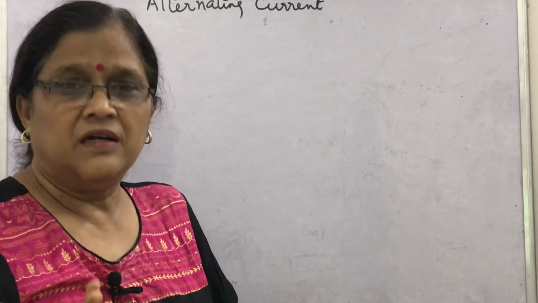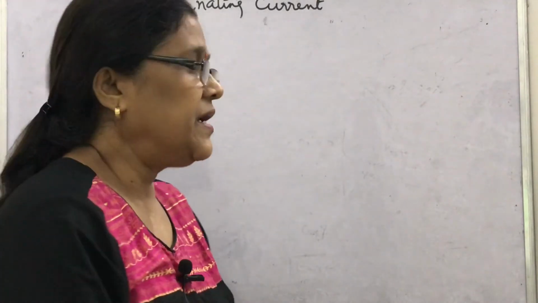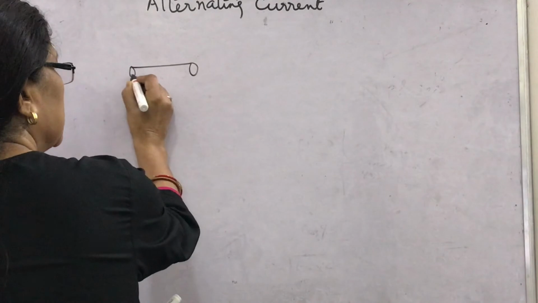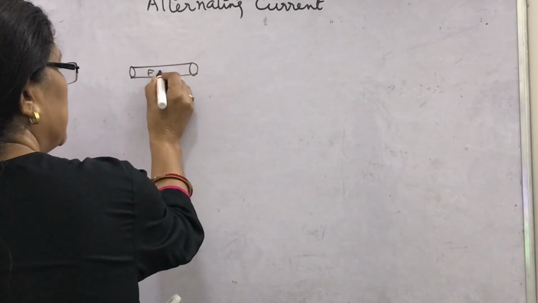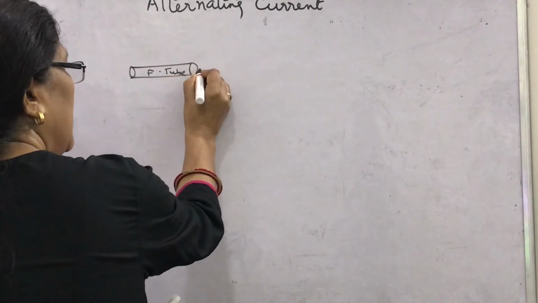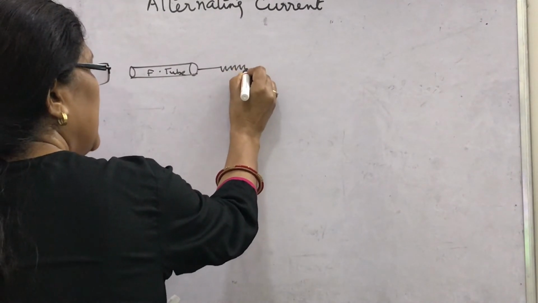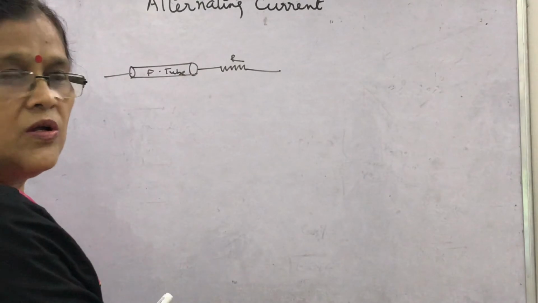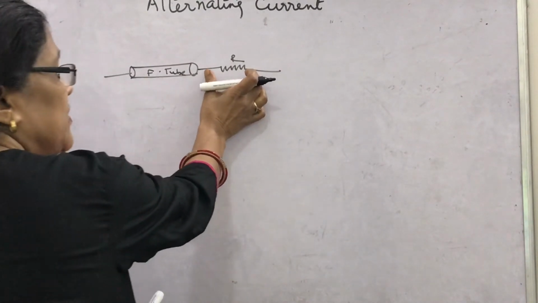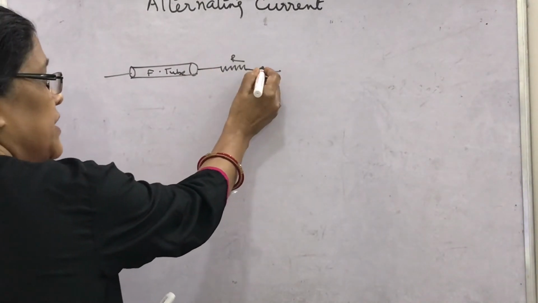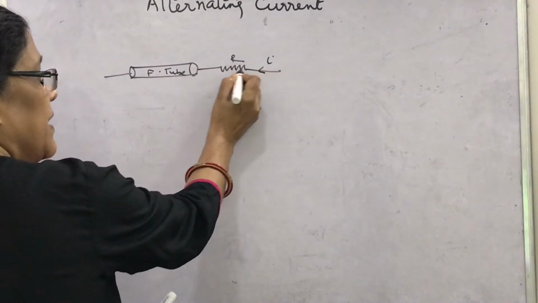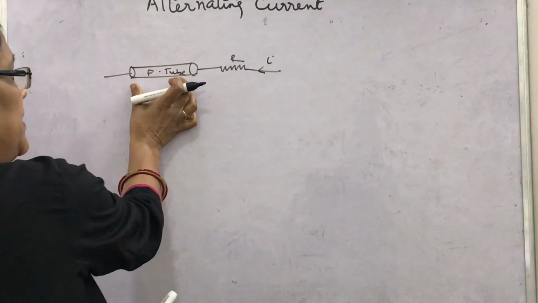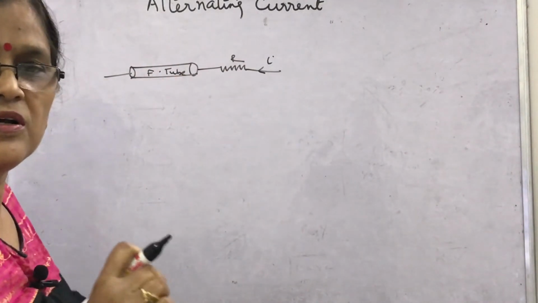You can decrease the voltage by connecting a resistance in series. Suppose this is the fluorescent tube, and suppose you connect a resistance in series, then what will happen? The potential drop across it will happen. The current is coming here, then the voltage drop will be here, and a little voltage will be given to the fluorescent tube.